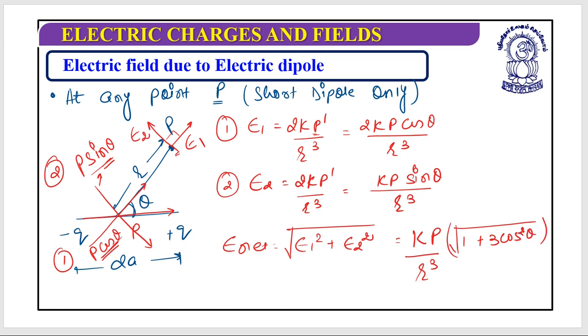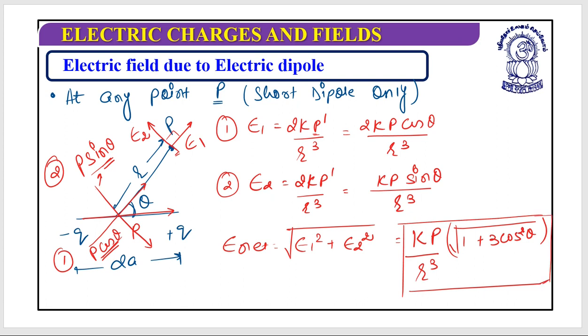It would look like something like this. E net is equal to kp by r cube multiplied by under root of 1 plus 3 cos square theta. Yes, just remember this E net.